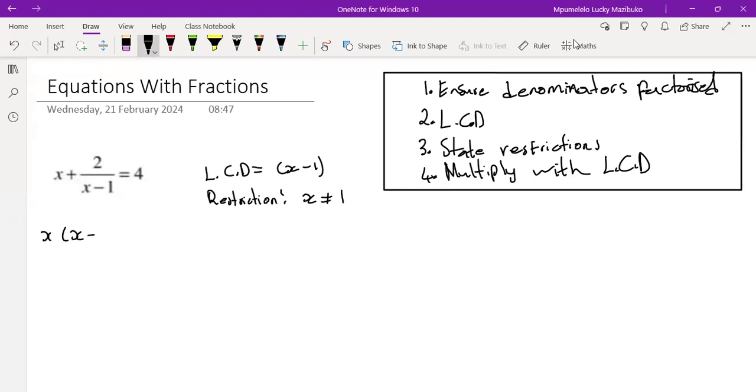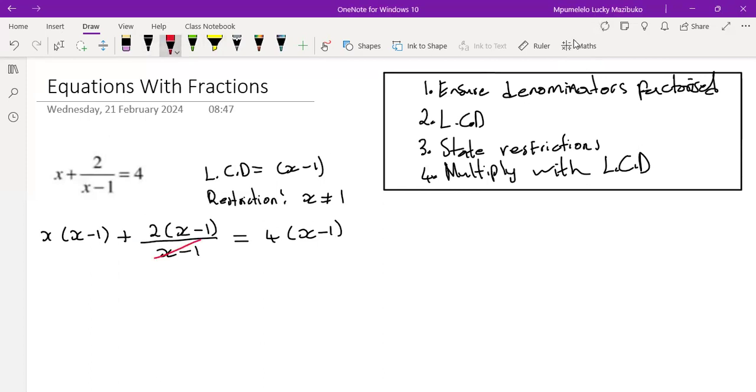x times x minus 1 equals to 2, not equals to plus 2, open bracket, x minus 1, all over x minus 1, equals to 4, open bracket, x minus 1. So I've multiplied everything with this particular denominator.